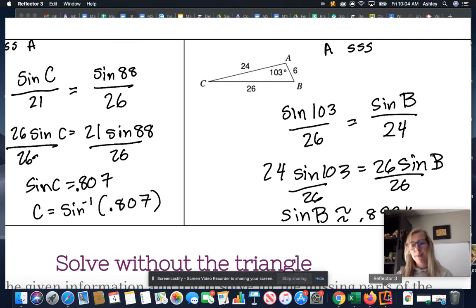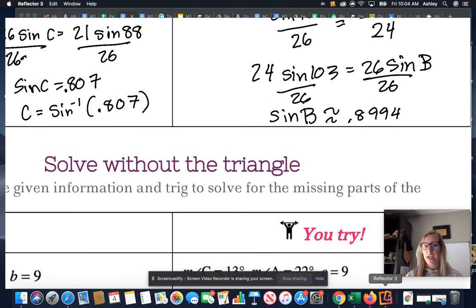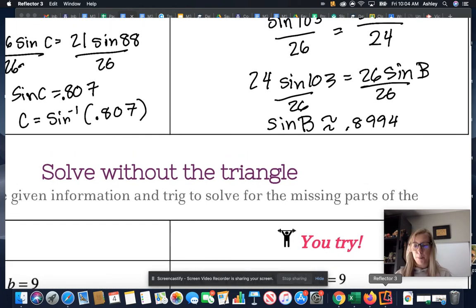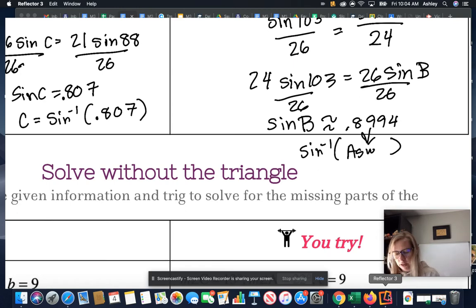0.8994, etc. Now we have to use inverse trig to isolate our B, our angle here. So we're going to take sine inverse of this whole value here. Again, keep that. You're going to put ANS, answer, in your calculator, that'll insert the answer from the previous problem.